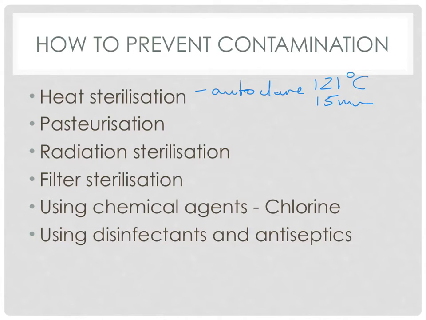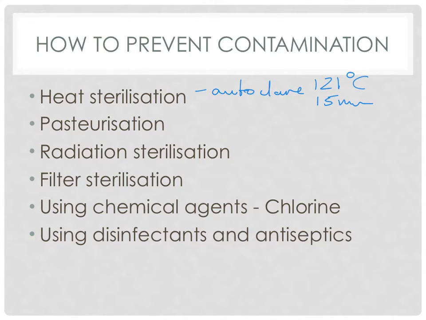That heat is what kills the organisms. You get that higher temperature because you've got the steam under pressure. It also means that you can kill off bacterial spores, which are bacteria in a dormant form, and usually those aren't killed off at lower temperatures.